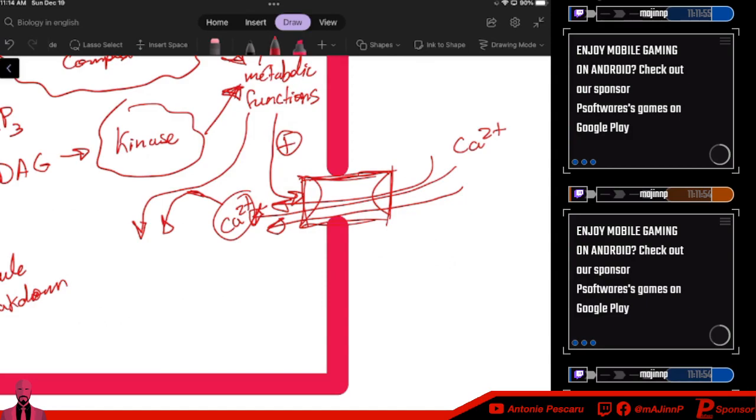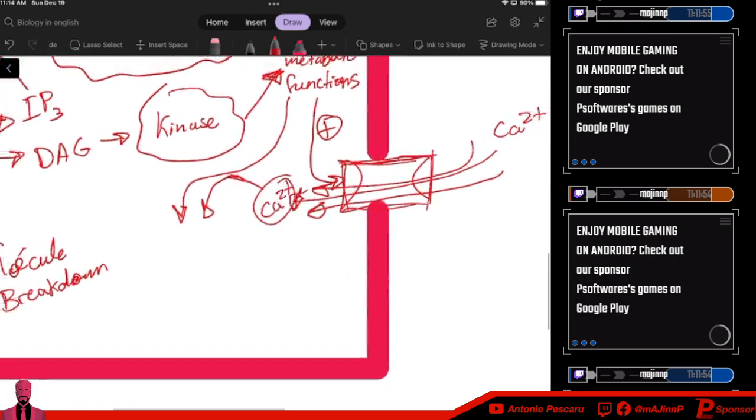One of them is going to go directly do its final function, or it can go secrete calcium inside of the cell from its channel protein by opening the calcium channel.